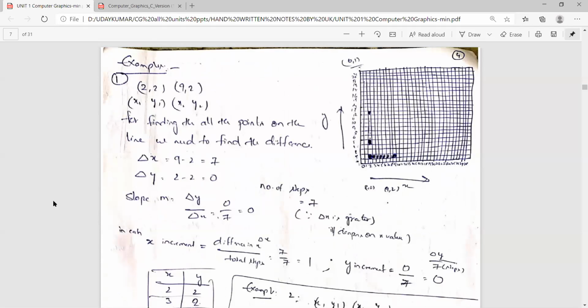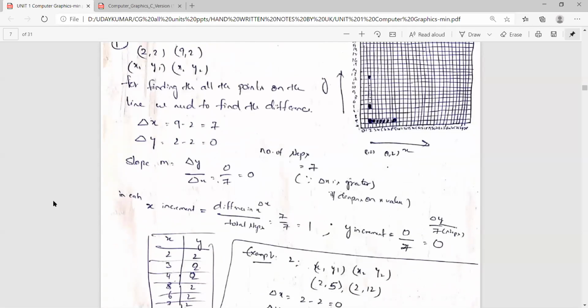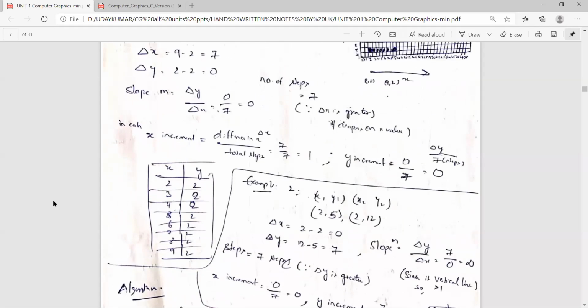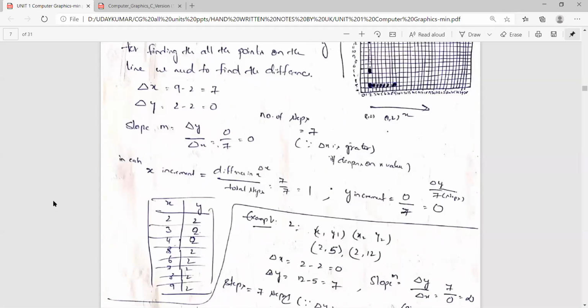And then next, by incrementing again, you get the point with x increment 1 and y increment 0.